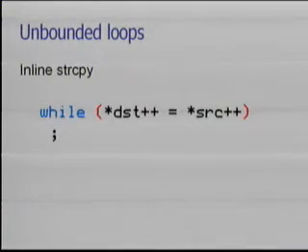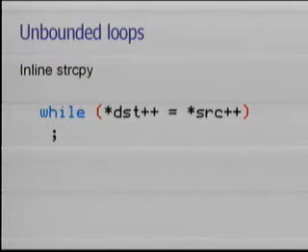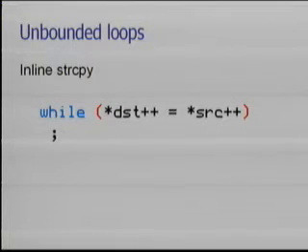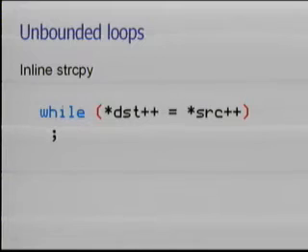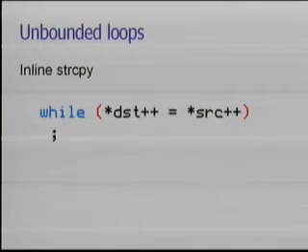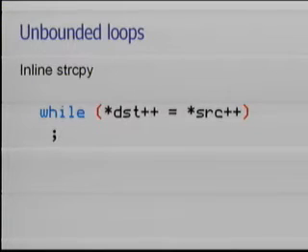Lots of compilers will do this instead of calling a library function. You save having to write stuff out onto the stack, you save having to do return, all kinds of stuff. So this is an unbounded loop. It writes from the source to the destination. And once source is null or 0, then the expression is going to be 0, and it's going to exit from the while loop.